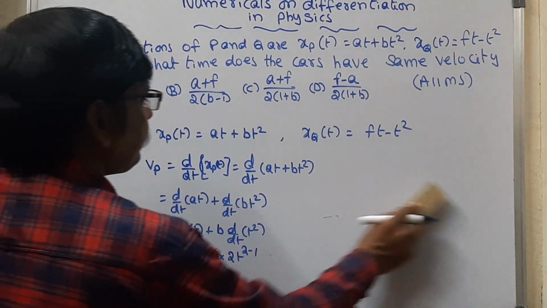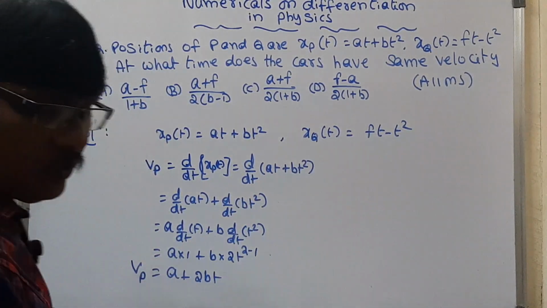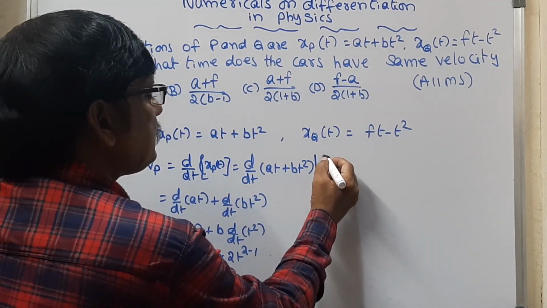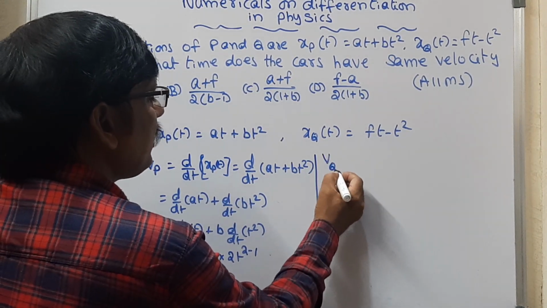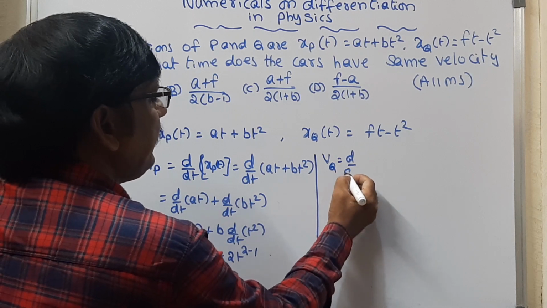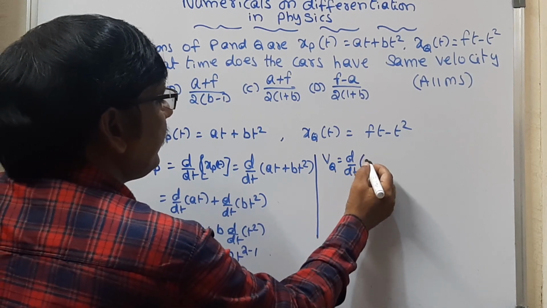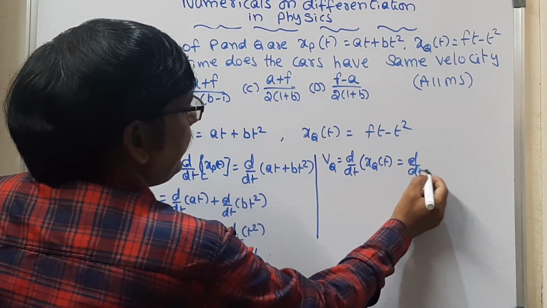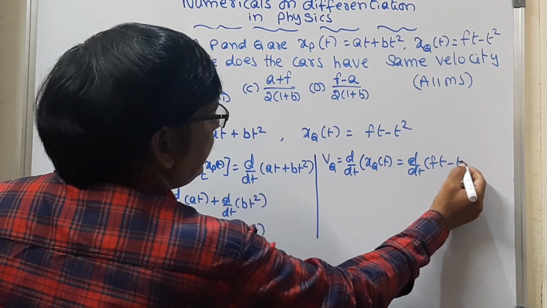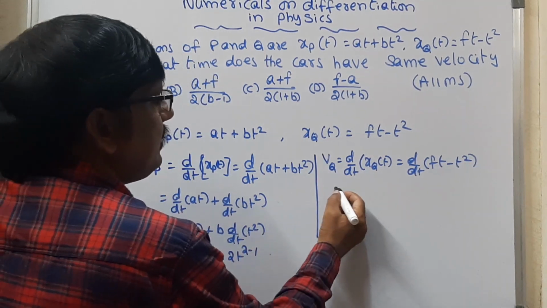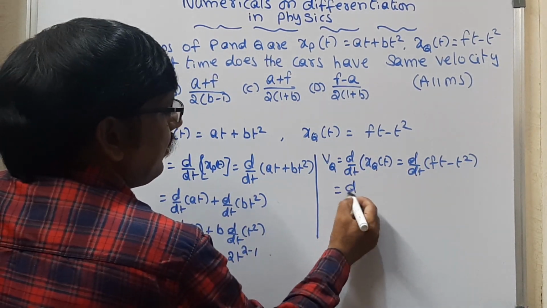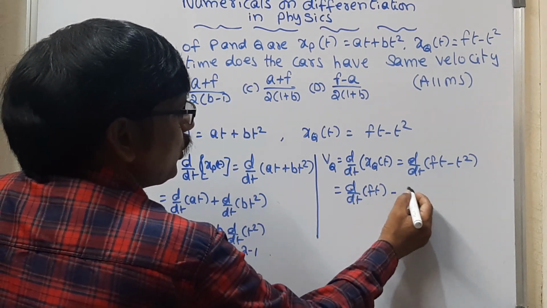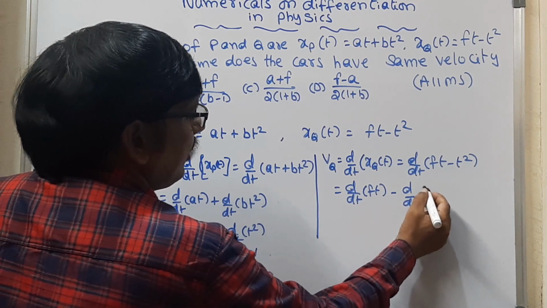Okay, now let us go further to find the velocity of the q car. Velocity of the q car is equal to d by dt of x_q(t), that is equal to d by dt of ft minus t square. Distributing inside, d by dt of ft, minus d by dt of t square.